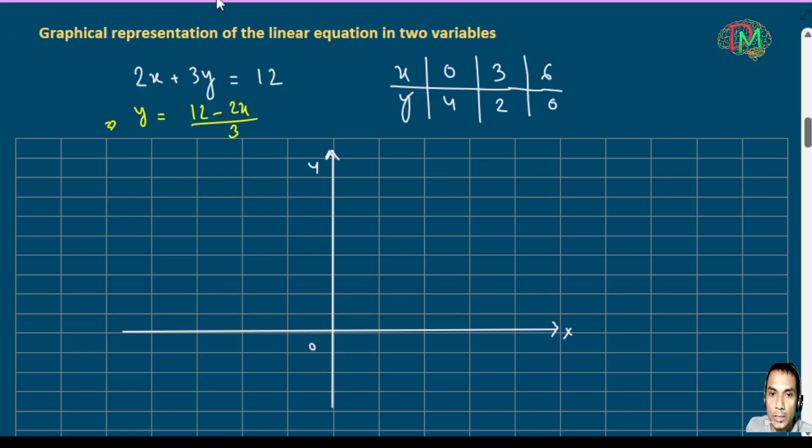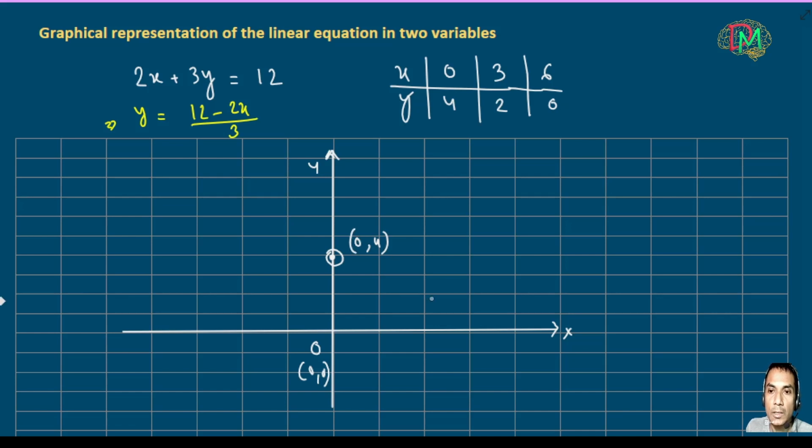So it is confirmed. The coordinates are 0, 4, meaning x is 0 and y is 4: 1, 2, 3, 4. This coordinate is 0, 4. And 3, 2: 1, 2, 3 and 2.